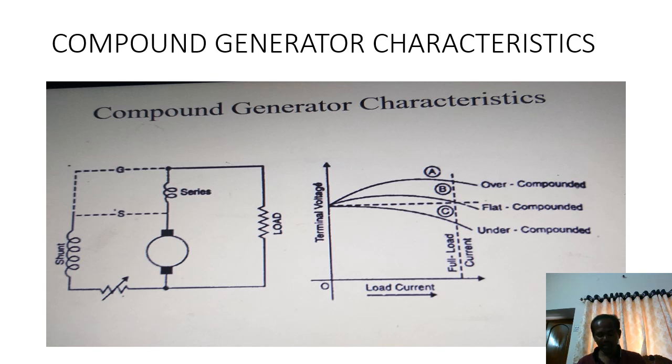When the shunt field is connected across the armature, that is shunt field flux, and when the series field is connected in series with the armature, that is series field flux. When these fluxes are additive and strengthen the armature field, you can say cumulative compound generator. When it is subtracted, you can say differential compound generator.